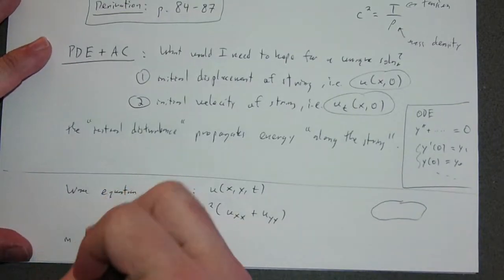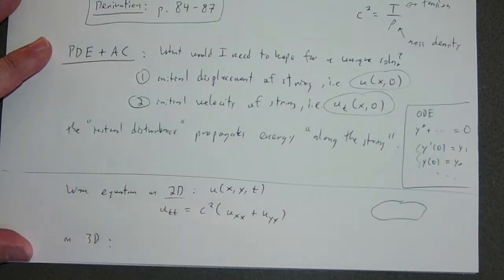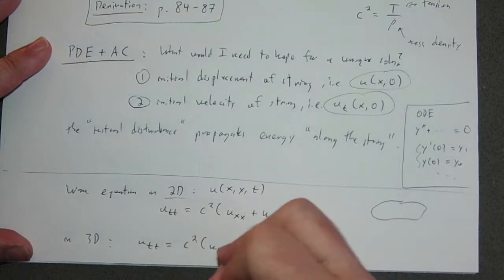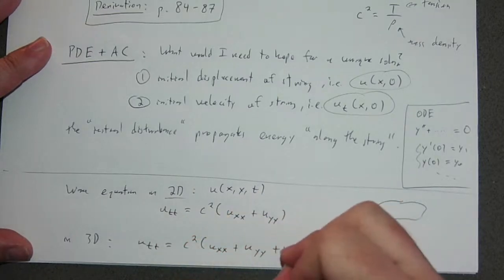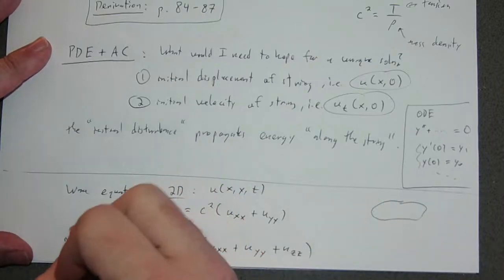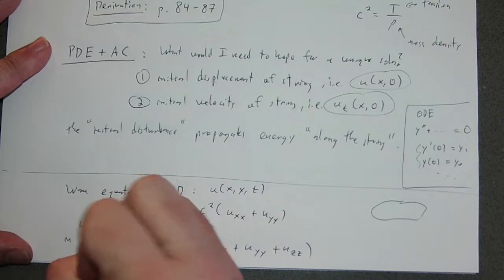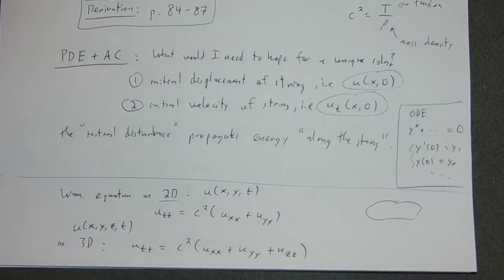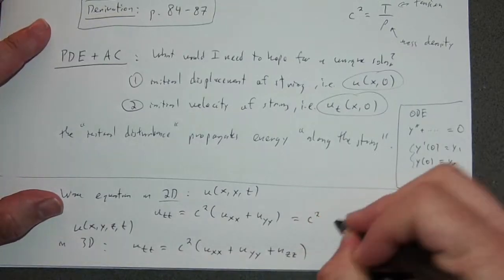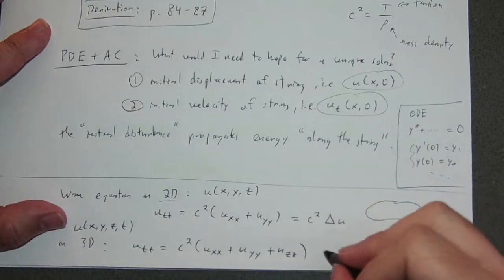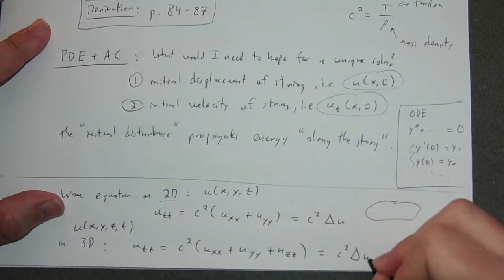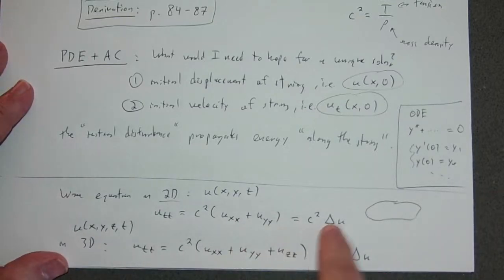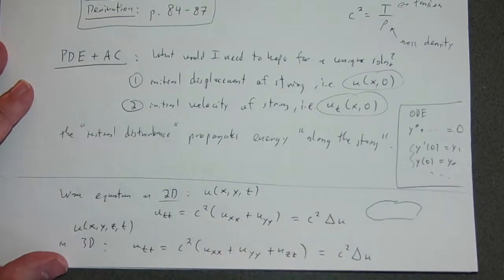What about in 3D? Well, it's more of this. It's u sub tt equals c squared times (u sub xx plus u sub yy plus u sub zz), and we seek a u of x, y, z, t. Now, there are simpler ways of writing this. We write this as c squared times the Laplacian of u. I mentioned this on the first day of lectures for this class, where the Laplacian is with respect to the spatial variables.